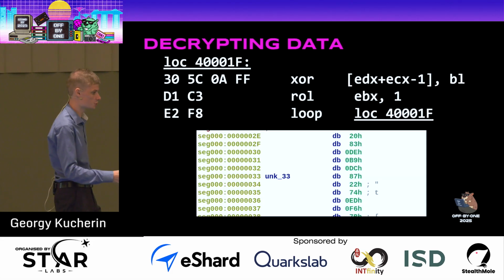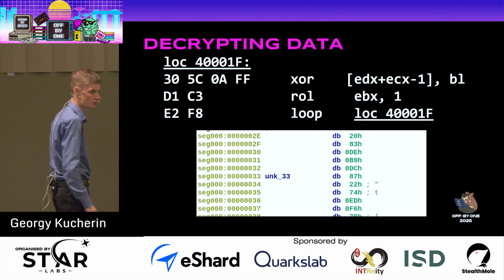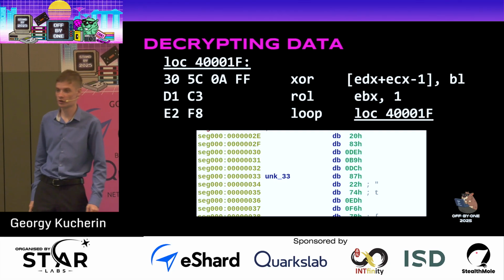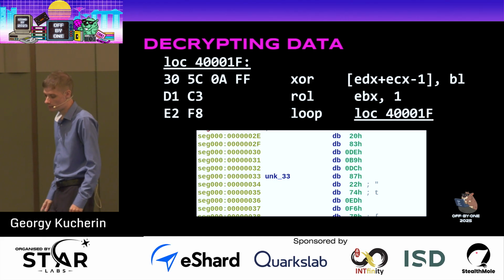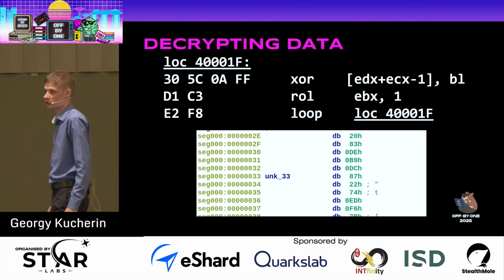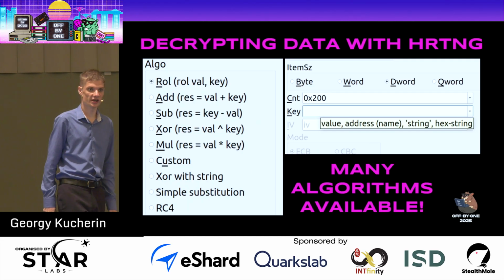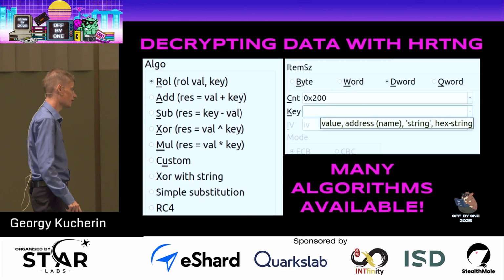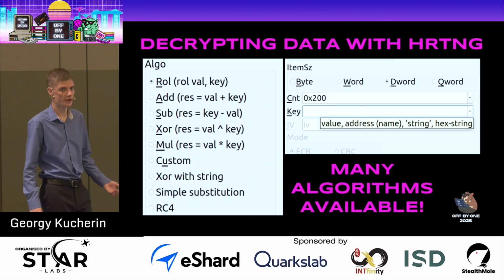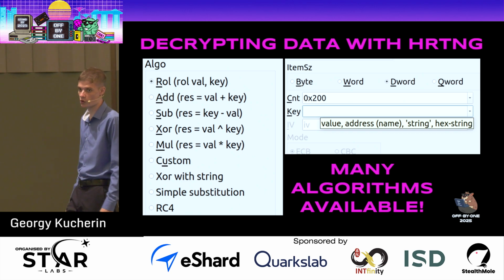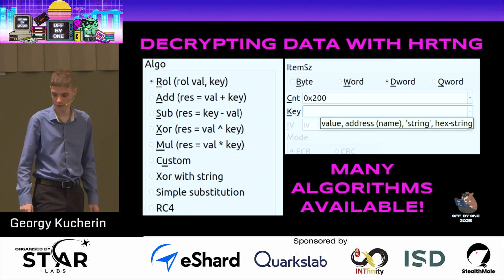And speaking of decryption, it can be done in multiple ways. For example, you can write either a Python script or a standalone program to do decryption. But today, we'll be doing decryption with the HRTNG plugin. It implements a data decryption function, and HRTNG already implements many popular encryption algorithms used in malware, such as XOR, RC4, or AES.